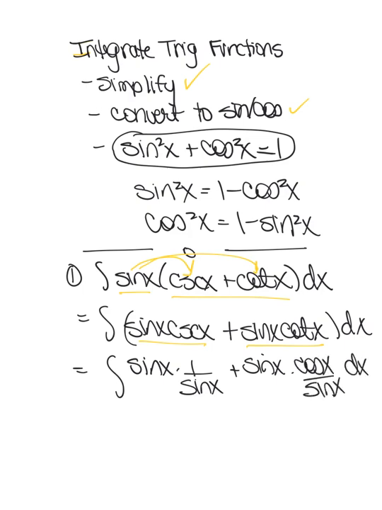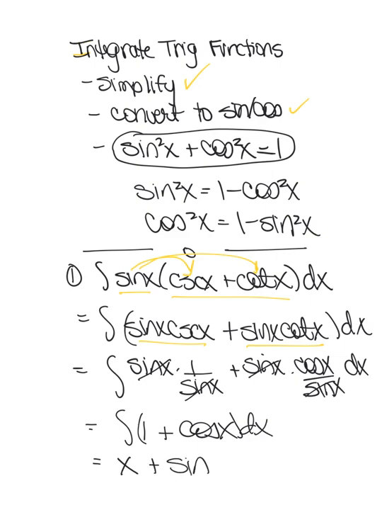And then in doing that conversion, I see that I'm going to get to do some canceling, and this winds up giving me 1 for the first term and cosine of x for the second term with respect to x. And when we integrate 1, of course, we're going to get 1x, or simply x. And when we integrate the cosine of x, we get the positive sine of x, all plus c.